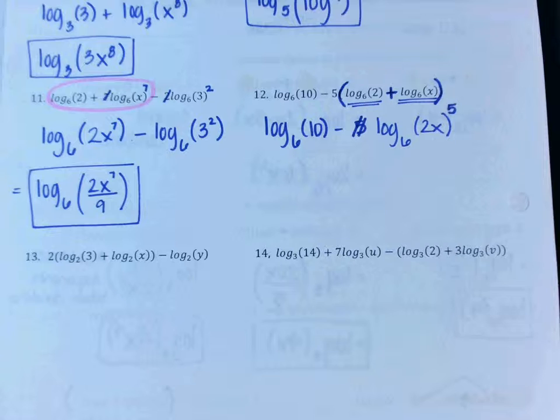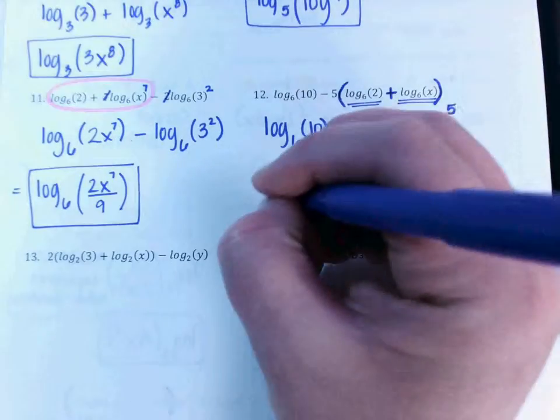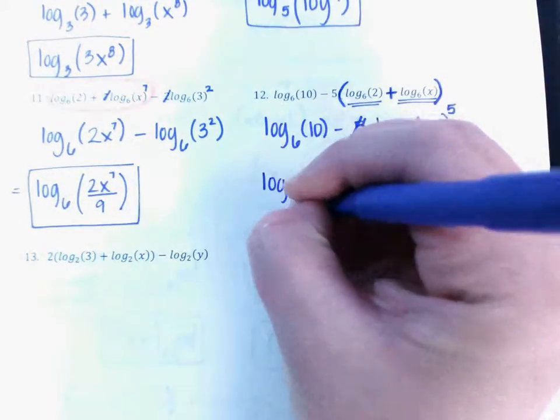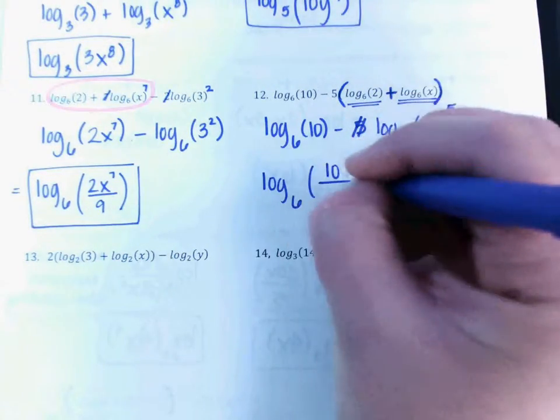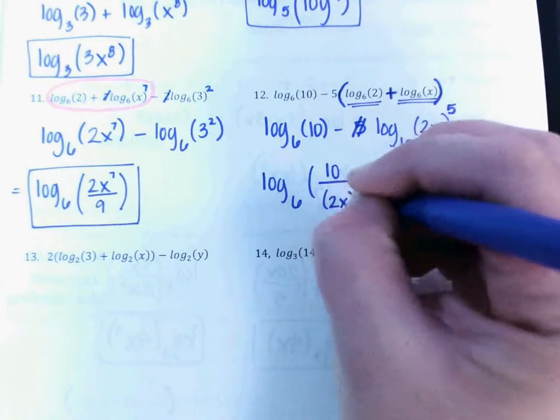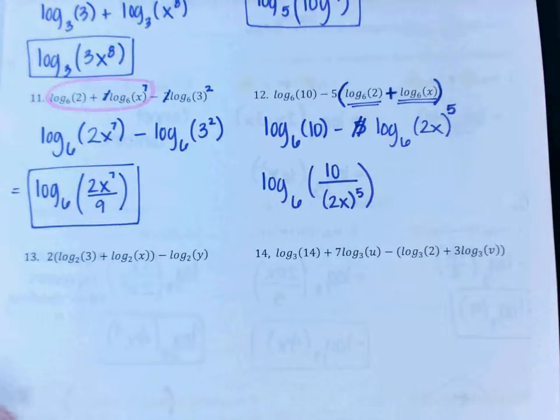Then from there, I can use the subtraction property where I divide them as a quotient. So it would be log little 6 of 10 on top, 2x to the 5 on bottom. And then remember that you do need to have these parentheses here because they show that the 5 applies to both the 2 and also to the x, and you need that. Okay?